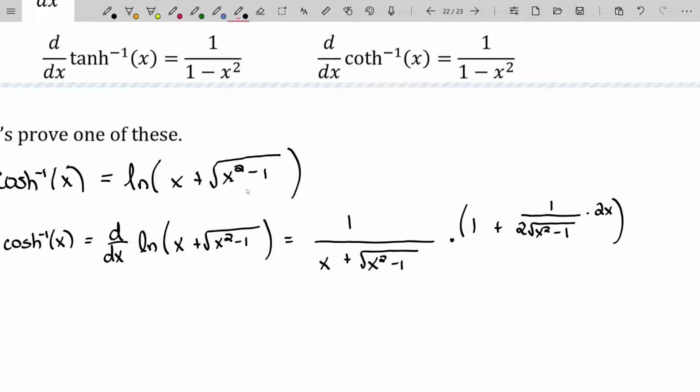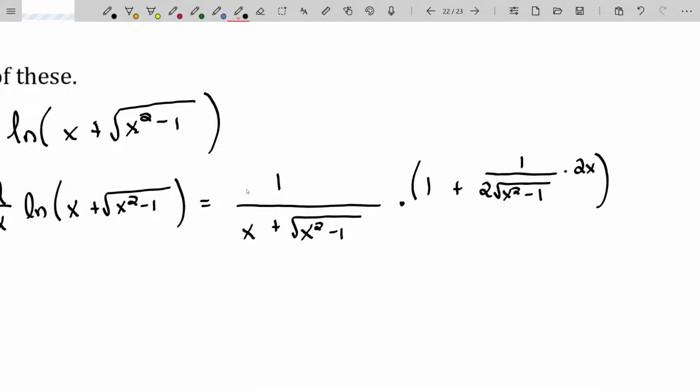So again, by this point, you should be okay with the chain rule. So that's what we get to. And you can see at least the 2's will cancel beautifully here. I'm going to multiply both numerator and denominator of this right-hand side by the square root of x squared minus 1.